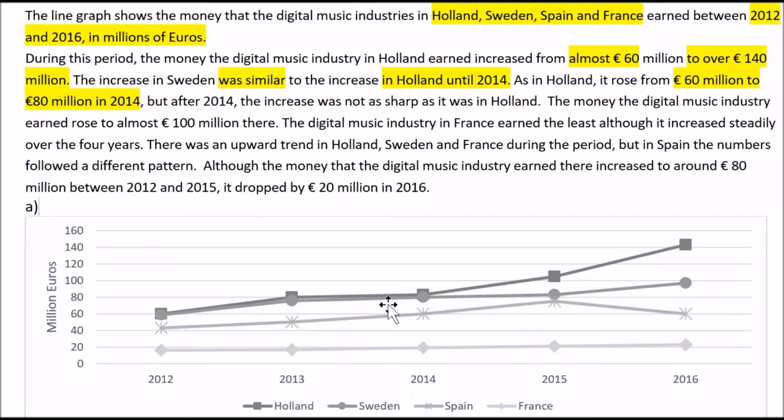So checking the first graph, the country Holland is shown with a square here. This is where I'm looking, this line with squares. So it started with 60, and at the end of 2016, it rose to over 140 million. Yeah, millions of euros. So this is correct. Choice A seems correct.